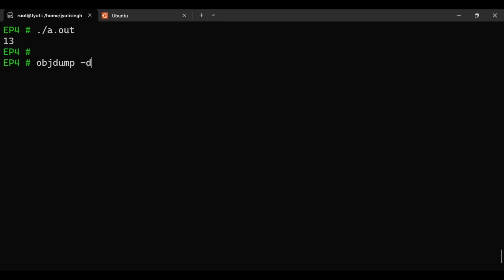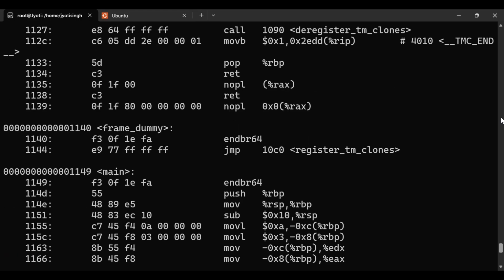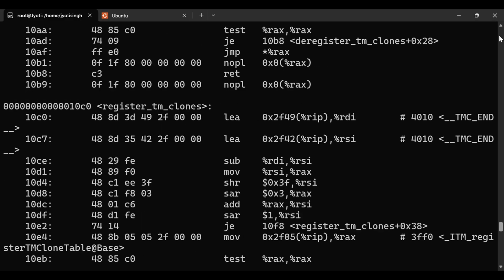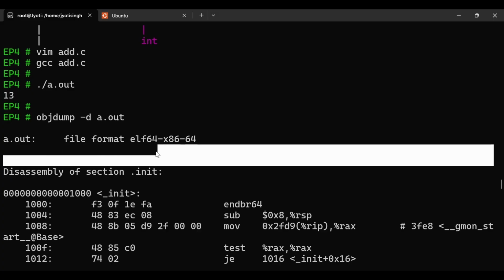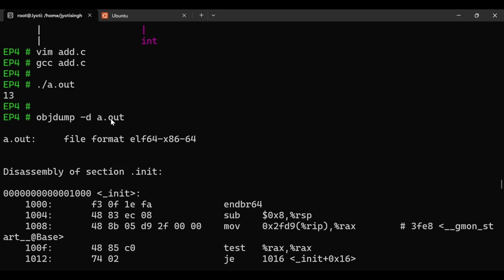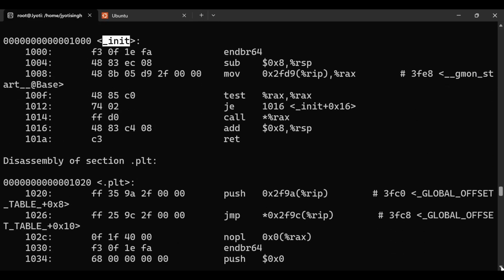Let me show you how this is behaving inside our main. This is the main frame. Let me give a simple introduction to this objdump. We are disassembling our ELF file, that is a.out. We have the init section, PLT sections, PLT got.